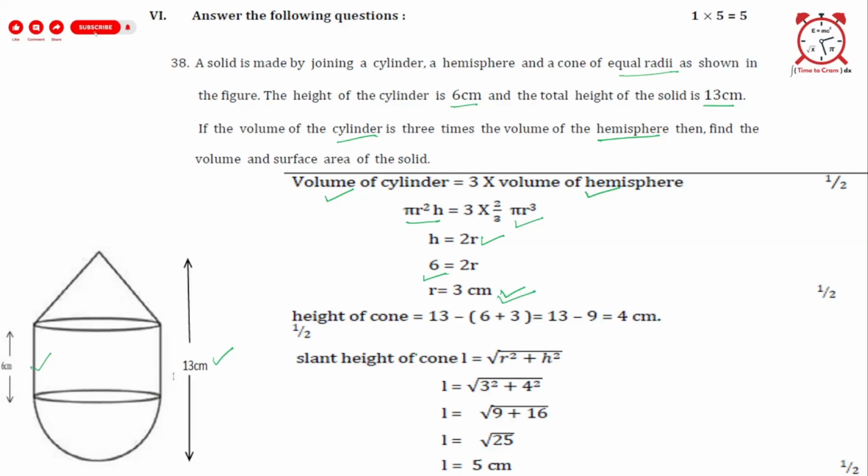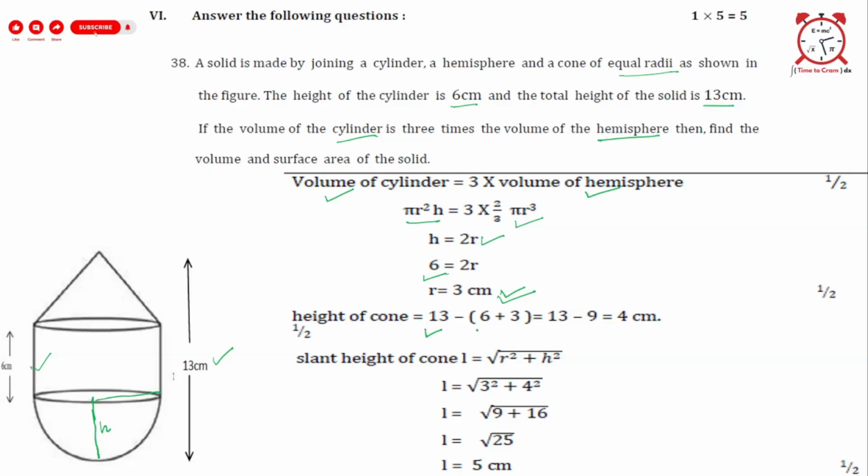Now, this radius is also the height for the hemisphere. Look, the entire height is 13.